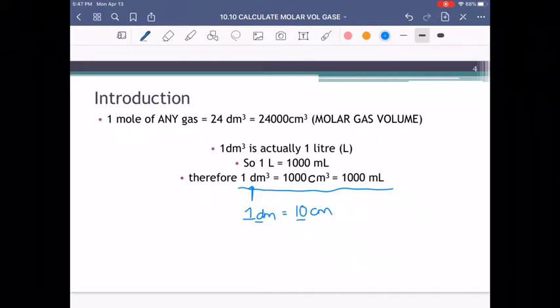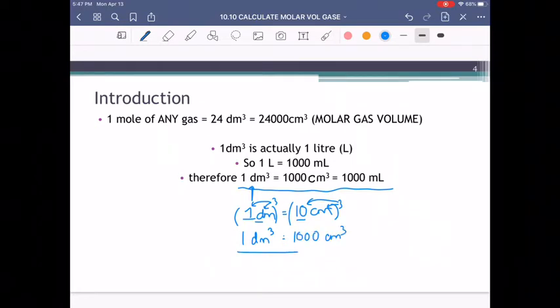When we want to convert to cube, we cube both sides, like in your maths. 1 cube is still 1, then the unit becomes dm cube. Then also do your indices on the right hand side. 10 cube is 1000 centimeter cube. That's how you get your unit.